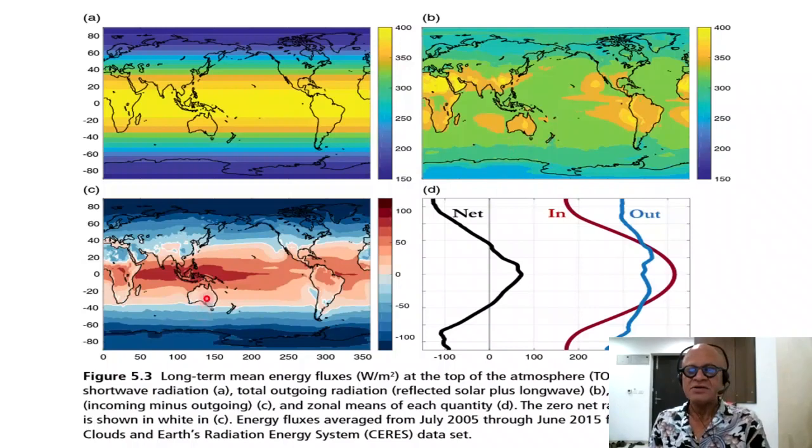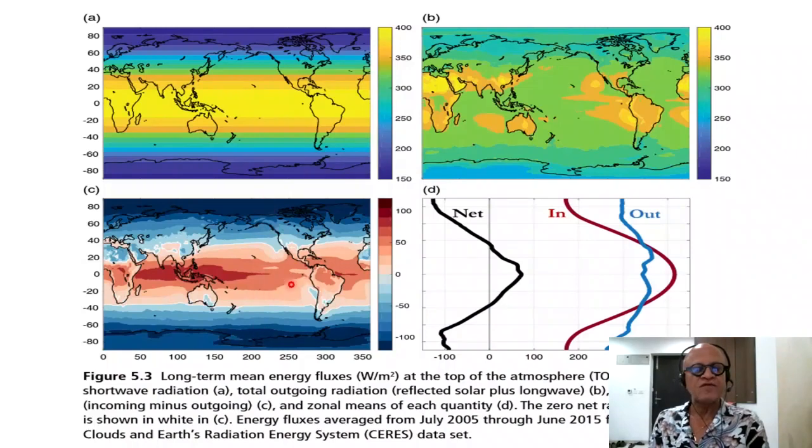The net here, the net radiation incoming minus outgoing gives us what we expect, with high values here in the Indo-Pacific warm pool region, and drops off with latitude as we expect.